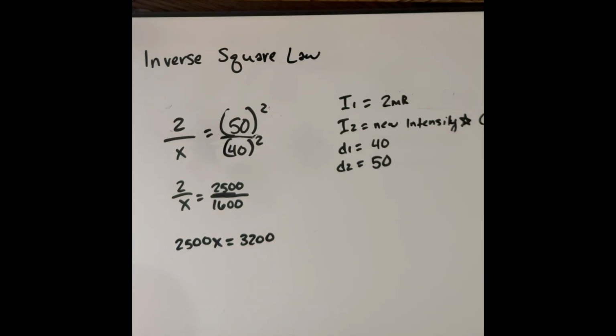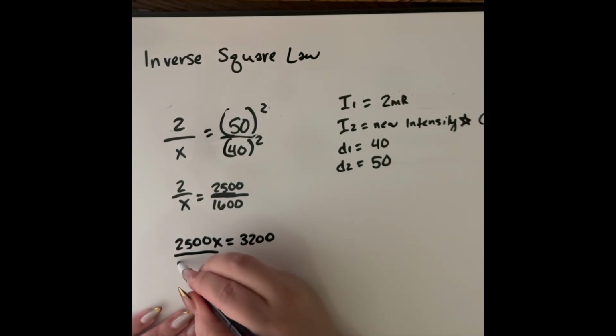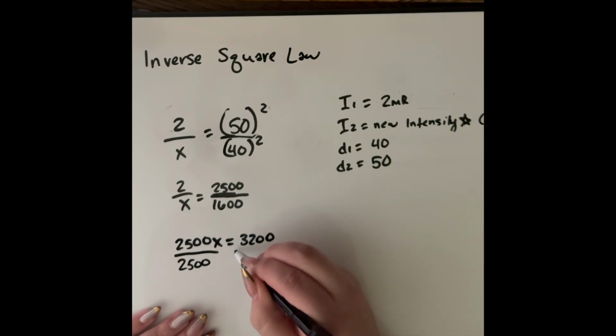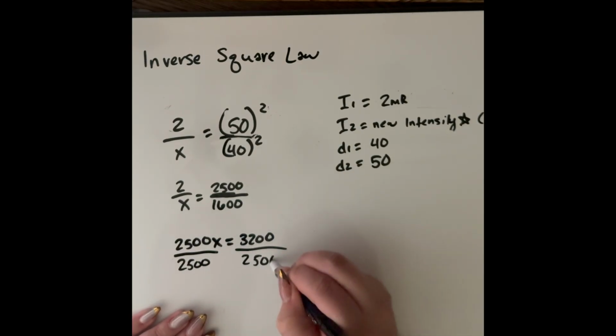Now I have to pull up my calculator on my laptop because I'm using my phone to record here. Okay, so now we have 2,500x equals 3,200. To get this x by itself, we are going to divide both sides by 2,500.